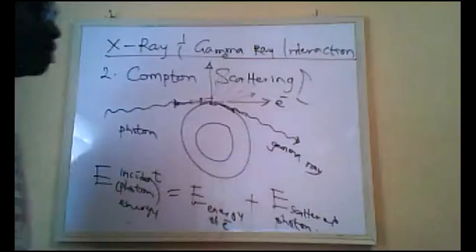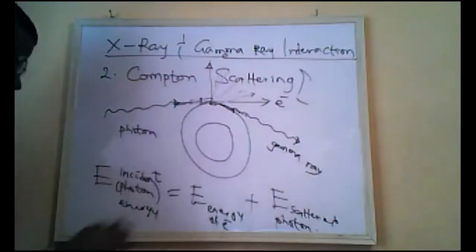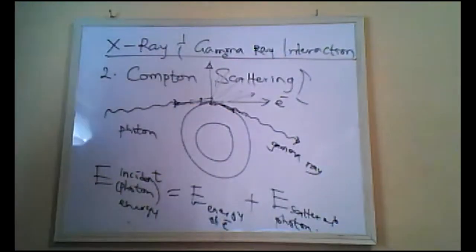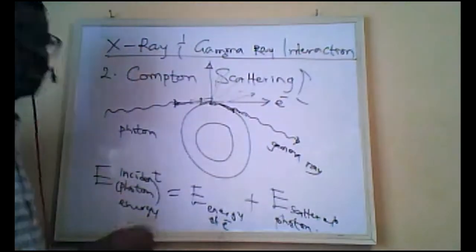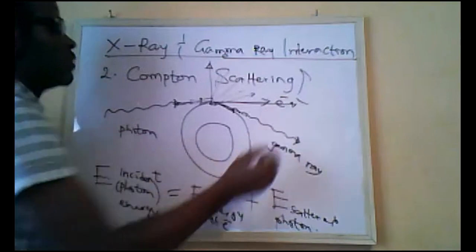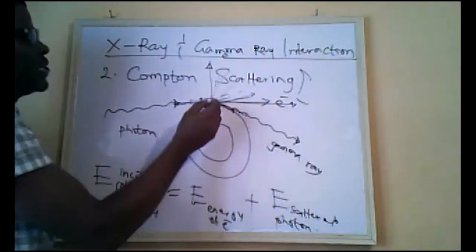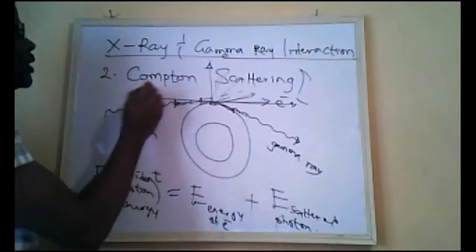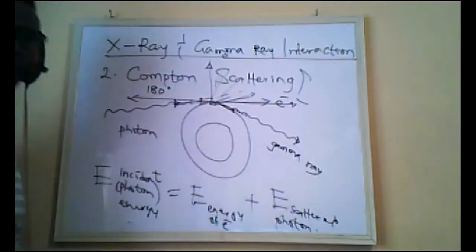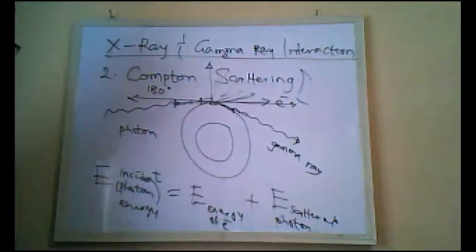So the eventual gamma ray that will be produced by this interaction can be scattered in all manner of angles. It can be forward scattered, just like an electron can be. It can scatter at 1 degree, 2 degrees, and even up to 180 degrees. So you can have a backscatter of the scattered photon.